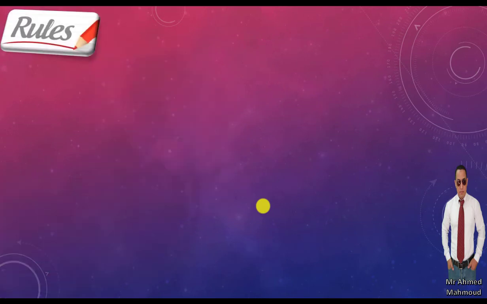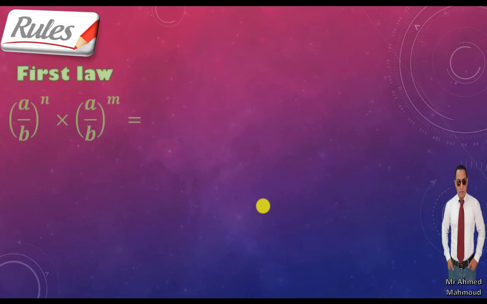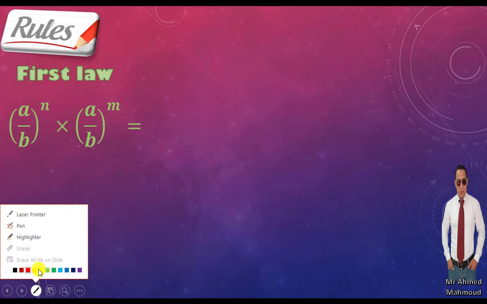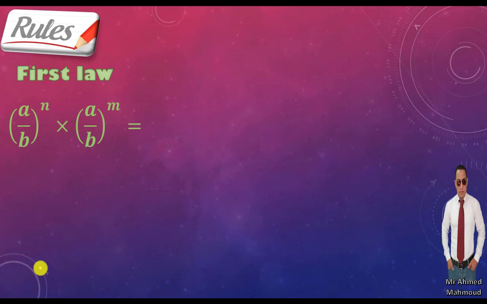We start with the first and the second laws. The first law: let we have (a over b) all to the power of n and (a over b) all to the power of m. Now remember with me what we studied before. If we have x power of 2 multiplied by x power of 3, we did what?